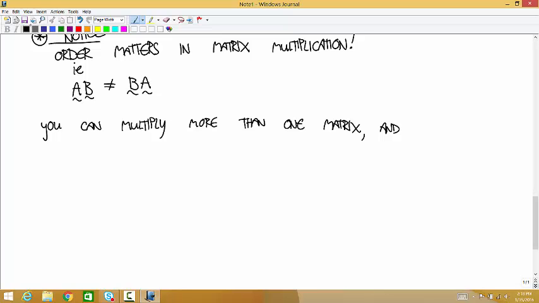Well, obviously more than one. What I meant is more than two. There's not really any such thing as multiplying one matrix. Okay, you can multiply more than two matrices. And the grouping doesn't matter.